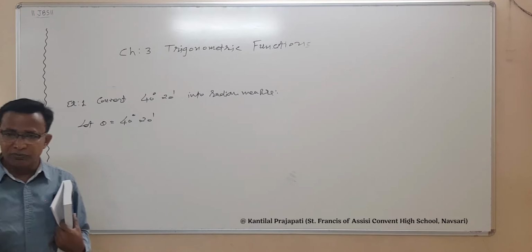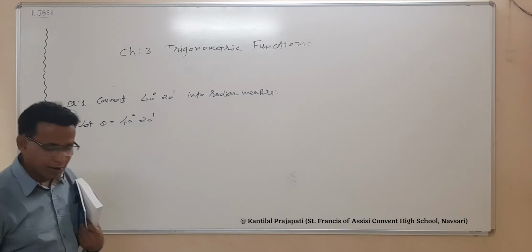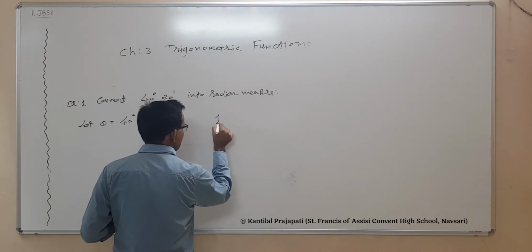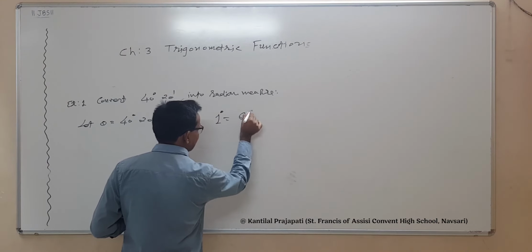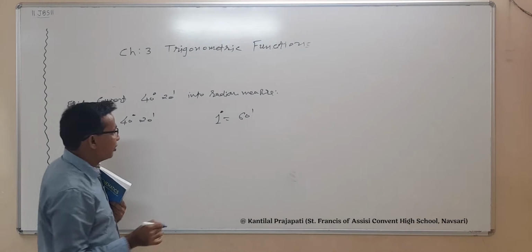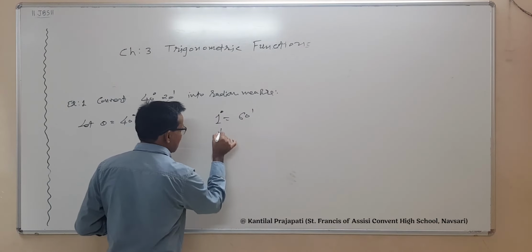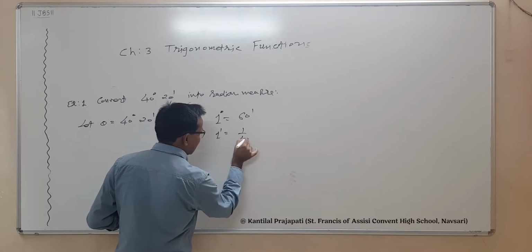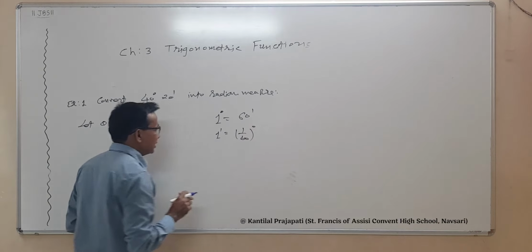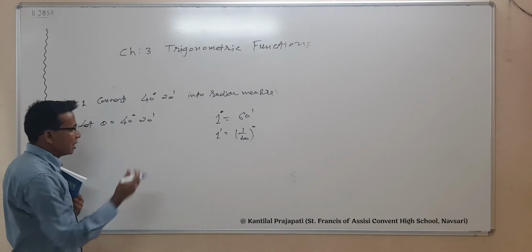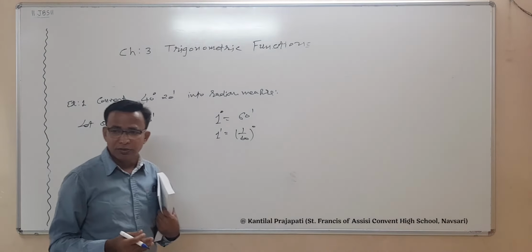We have done this: 1 degree is equal to 60 minute. Therefore 1 minute is equal to 1 by 60 degree. That is, when minutes are multiplied by 1 by 60, they are converted into degree measure.